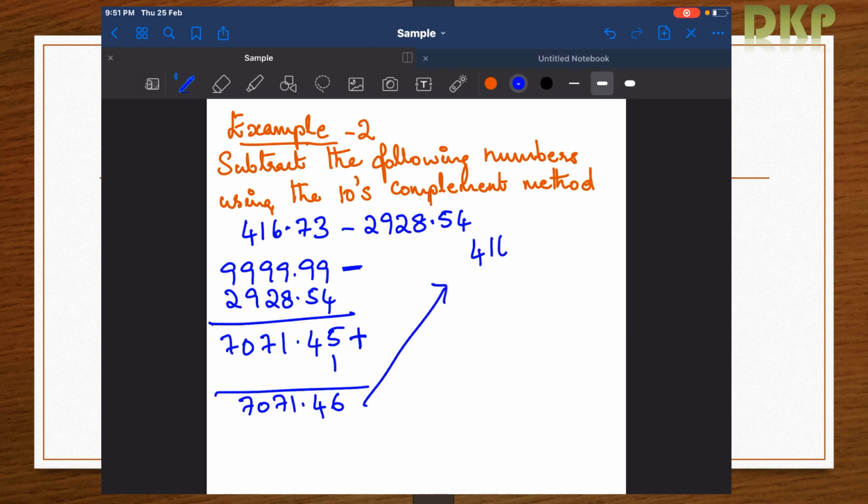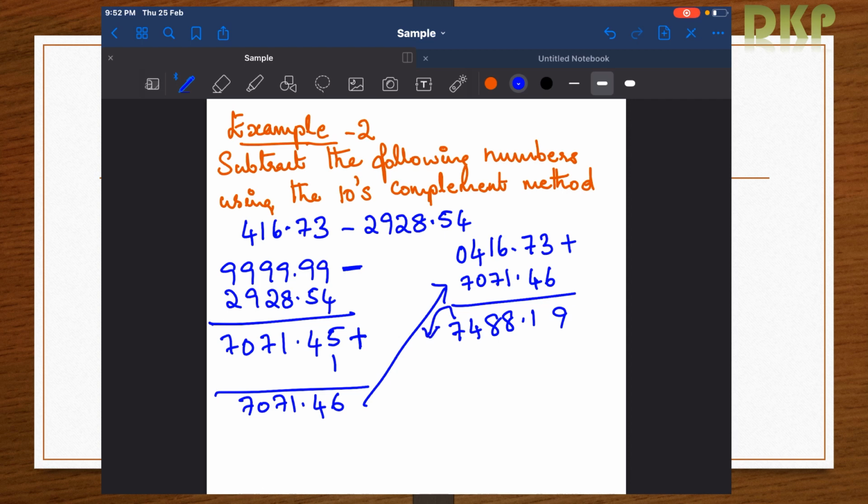Minuend is 416.73 plus tens complement 7071.46. This is 7488.19. Here there is no carry after this digit.